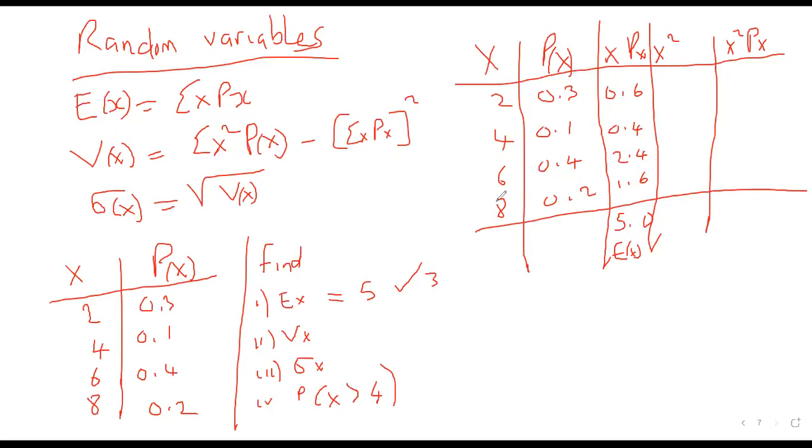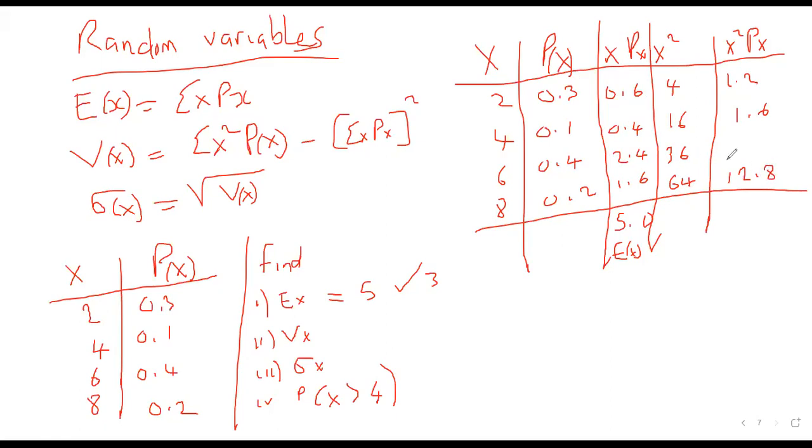Then we now start squaring this column. So this is 4, 16, 36, and 64. And we multiply this by the probability. We have 1.2. This by the probability is 1.6. This by the probability, what are we getting? 4.8.